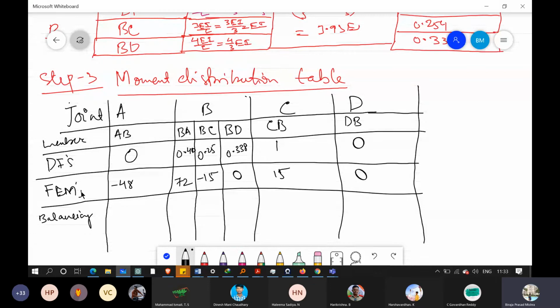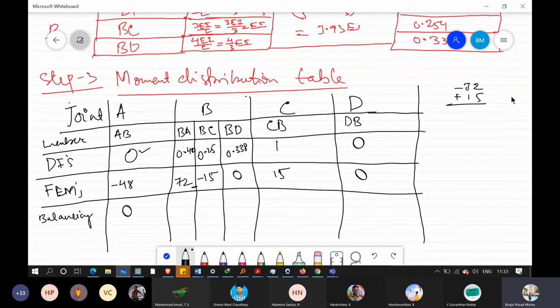So for balancing, since the distribution factor is 0 for AB, this one will be 0, right? Okay. Next one will be minus 72 plus 15 plus 0.